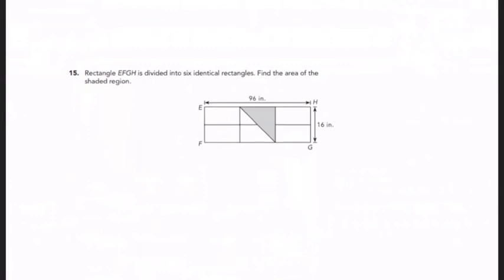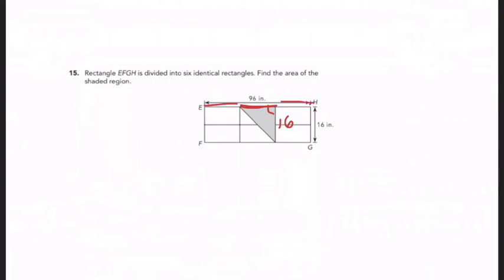Okay, so for this, we have to find the area of the shaded region. The shaded region right here is a triangle. I already know these are going to be right angles, and the height or the base there is 16. I need to figure this out right here. If you have 96, you have to divide it by 3 because those 3 parts are equal.